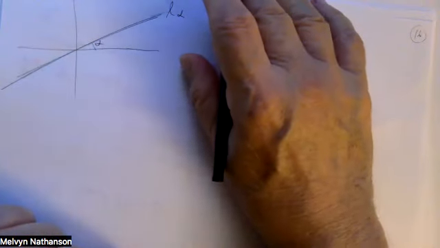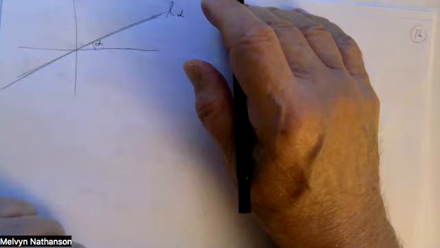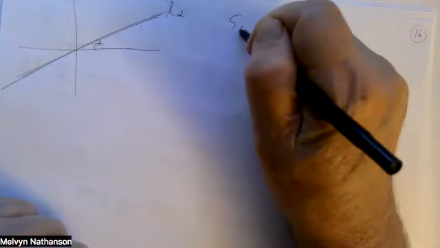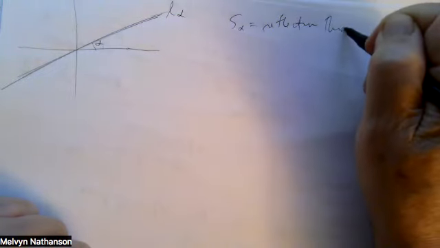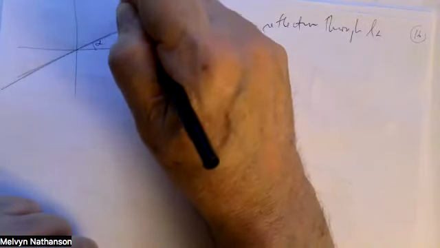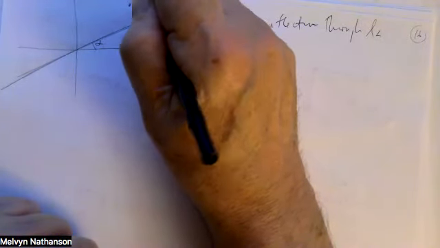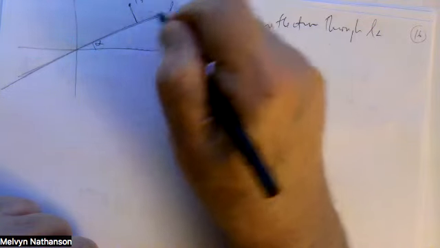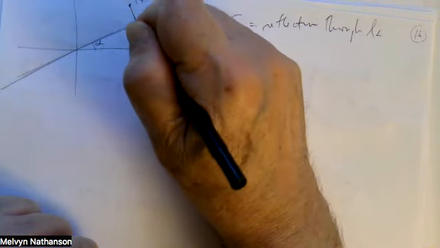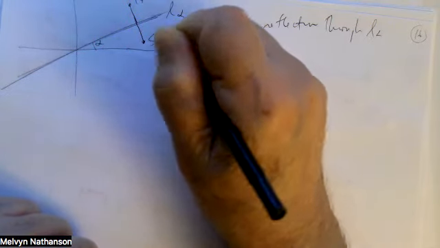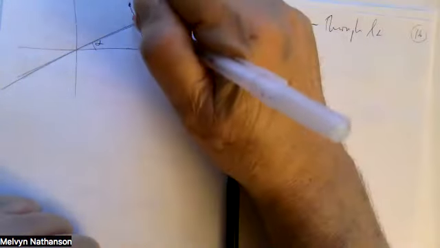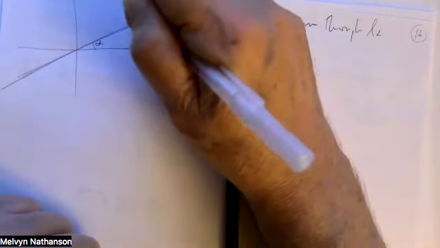And S alpha is going to be reflection through the line L alpha. What that means is if you take a vector xy, you draw the perpendicular to this line and then continue the same distance on the other side, and this is S alpha of xy. So you take your vector and you reflect it through that line.